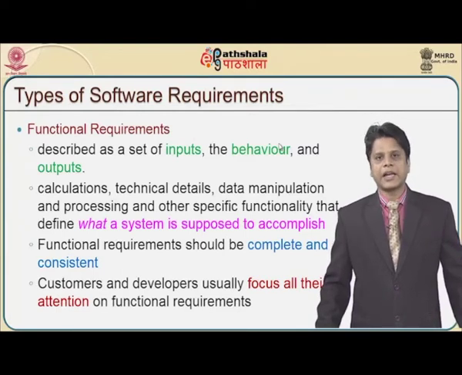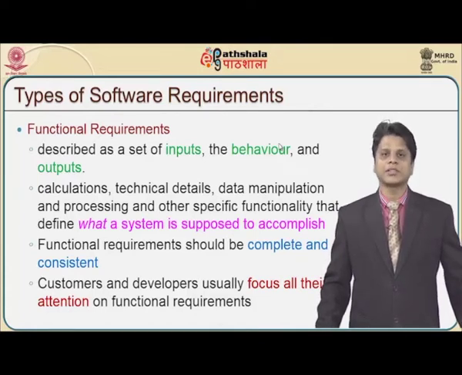After clearly understanding the software requirements, we will now understand the various types of requirements that software has. As I have indicated already, there are two different types of requirements for the software. One is the functional aspect, the other is the non-functional aspect.